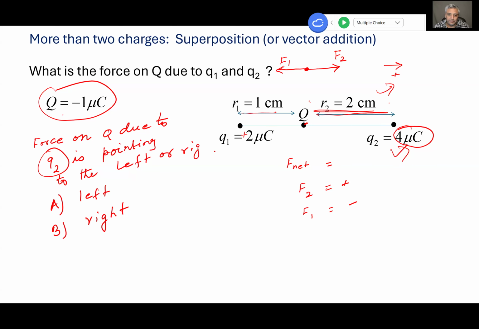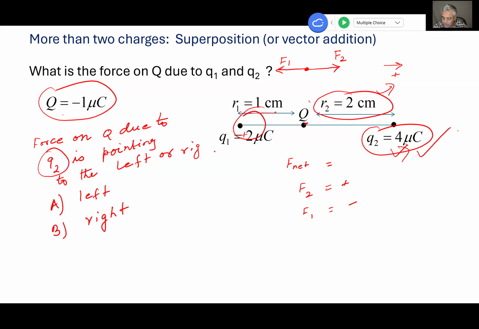The force here, the force due to this 4 coulomb charge, is half of whatever we have from this one. Why? Because this is 2 times farther. 2 times farther means a quarter of the force if the charge wasn't doubled.